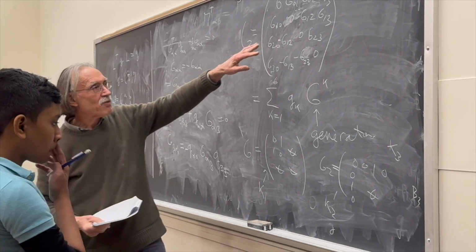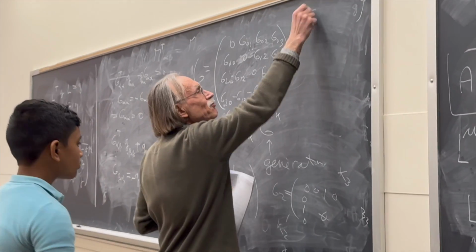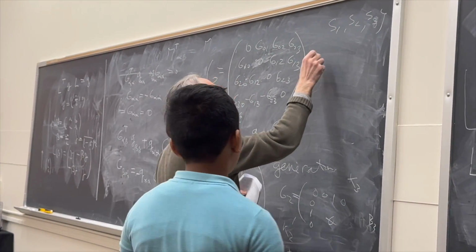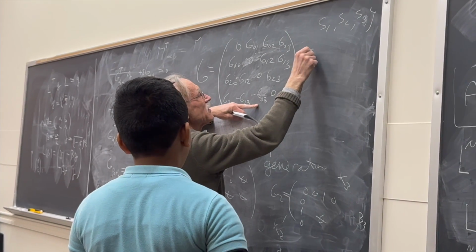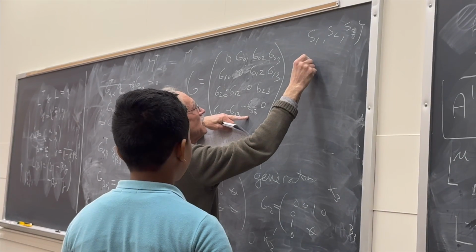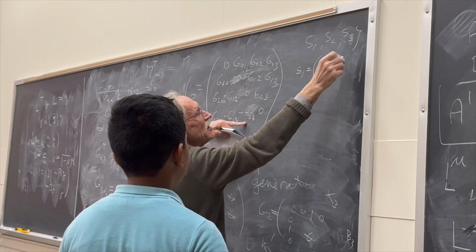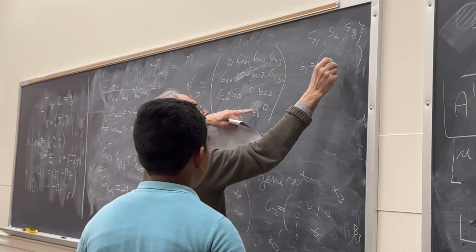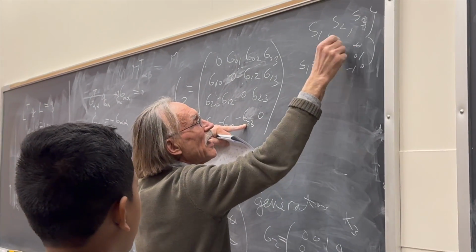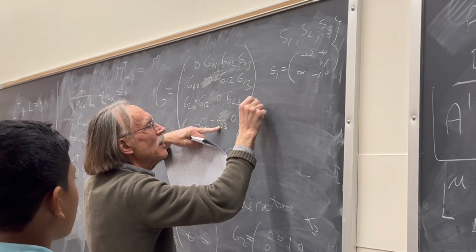For these ones, they are called S1, S2, and S3. S1 is equal to, for this element, 0, 0, minus 1, and the rest equal to 0.